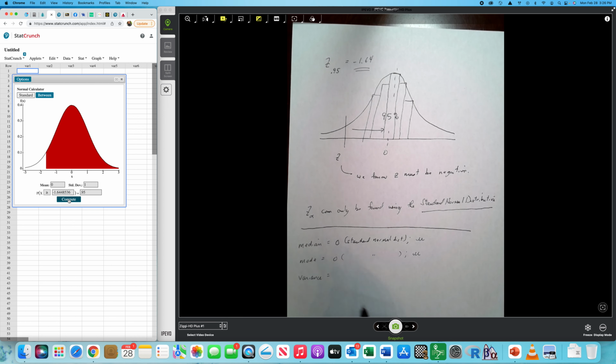How does the variance compare here? Remember, the variance is just the standard deviation squared. For the standard normal distribution, the standard deviation is equal to 1, so the variance is just 1 square unit, and there are no units in the standard normal distribution, so the variance is just 1. What would be the ACT variance?